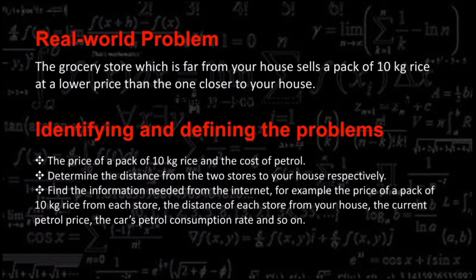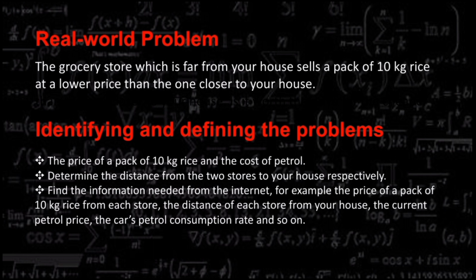Real-world problem. The grocery store, which is far from your house, sells a pack of 10 kg rice at a lower price than the one closest to your house. Identifying and defining the problem. The price of a pack of 10 kg rice and the cost of petrol.